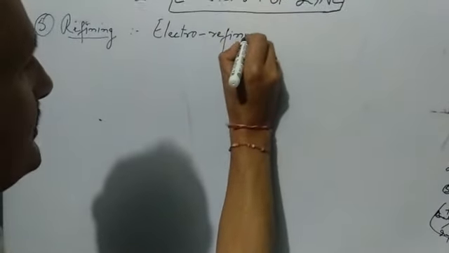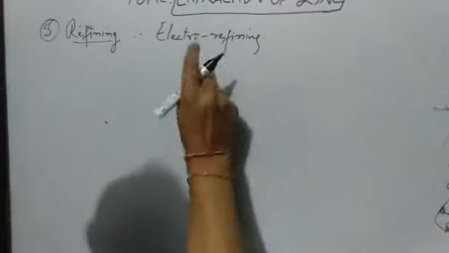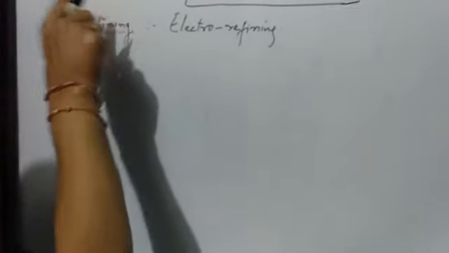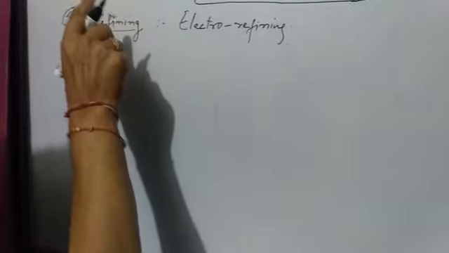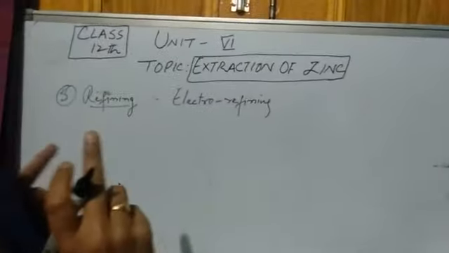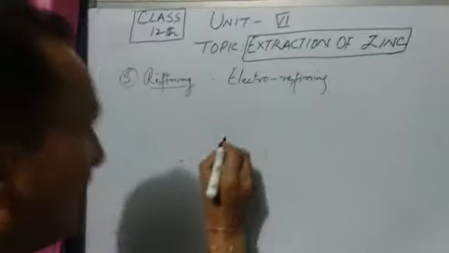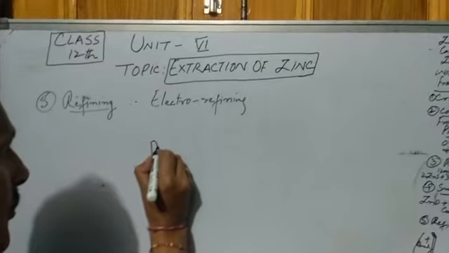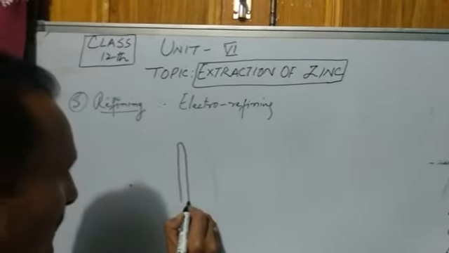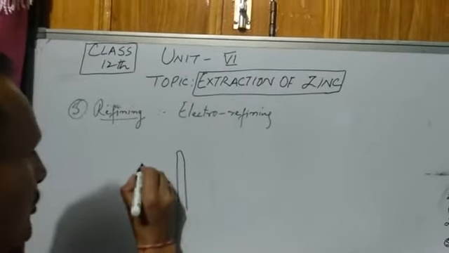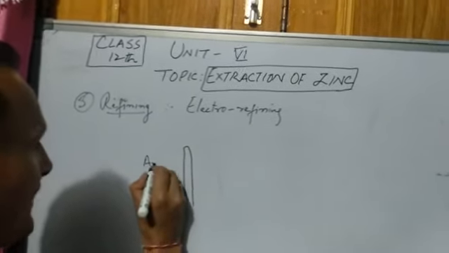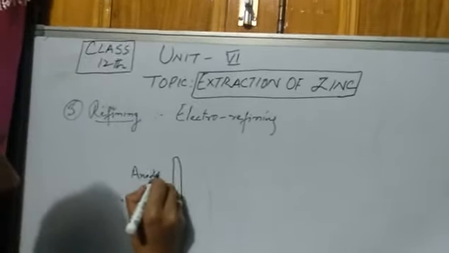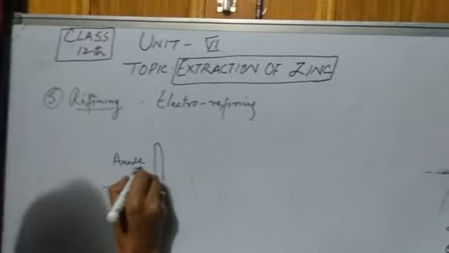What is done in this step? Just see. The zinc that we have obtained in step number 4 is still impure. So we will call that zinc impure zinc. That impure zinc is made one electrode. This electrode is known as anode because we connect this to the positive terminal of the battery.